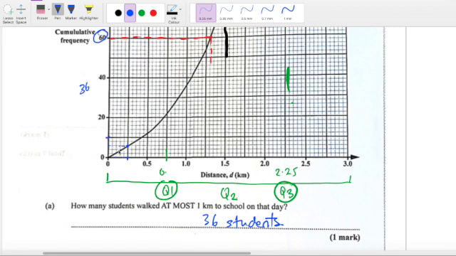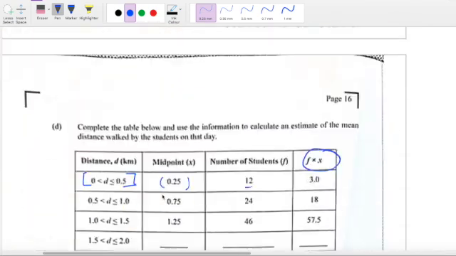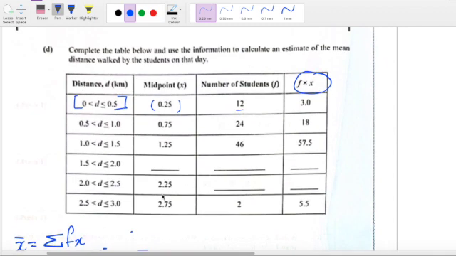So they didn't use the midpoint because that is not 12, right? Because look, 12 is here, and you can see that they use the upper boundary. So they matched the 0.5 with the 12. It is really the upper boundary that they looked at in order to get the 12, not the midpoint.